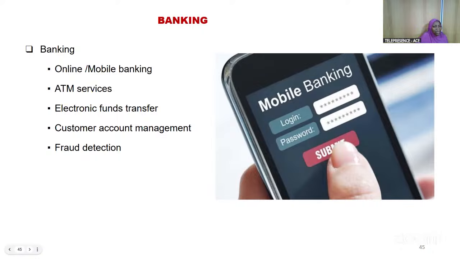Unlike in those days, you people may not know the difference between the banking that we have now and what it used to be, because most of you guys are digital natives. People in my age bracket are not digital natives. We transformed from analog to digital.